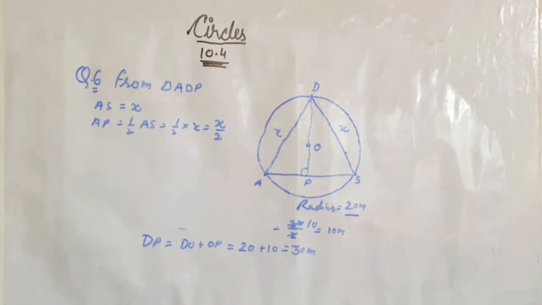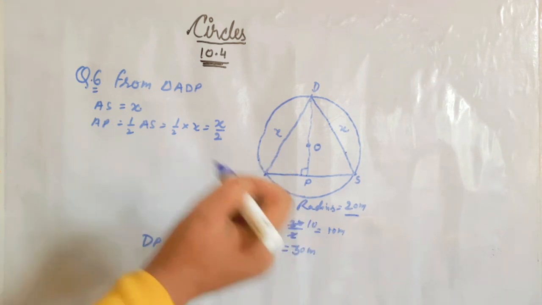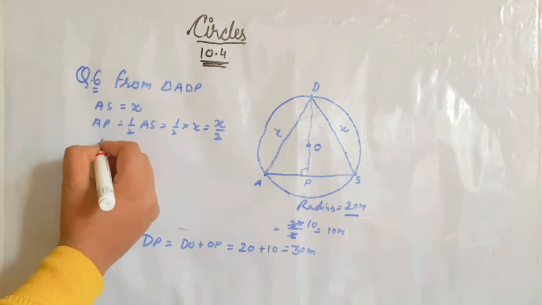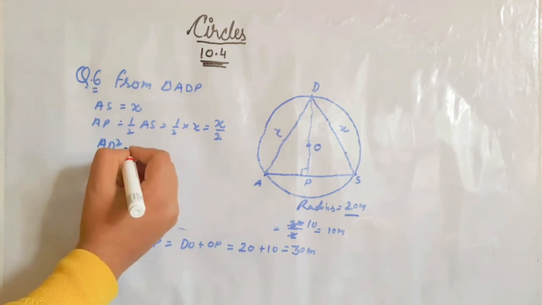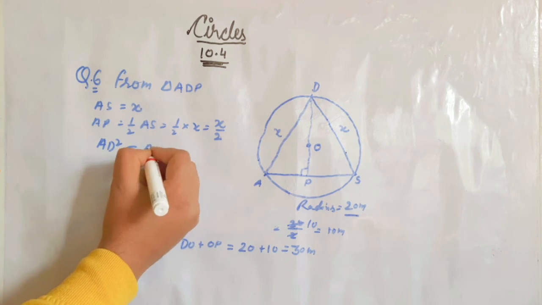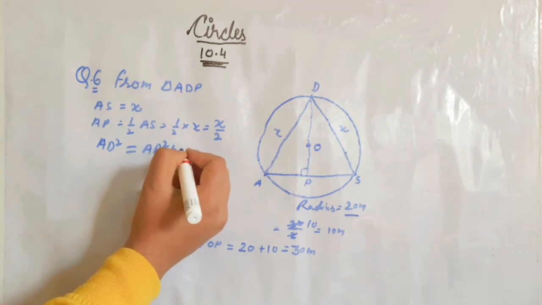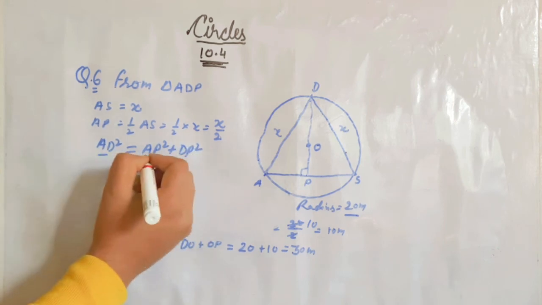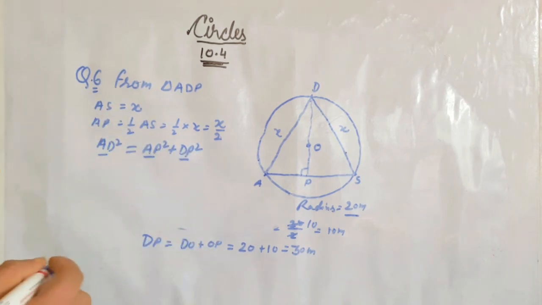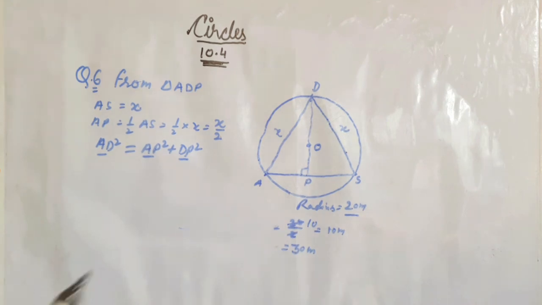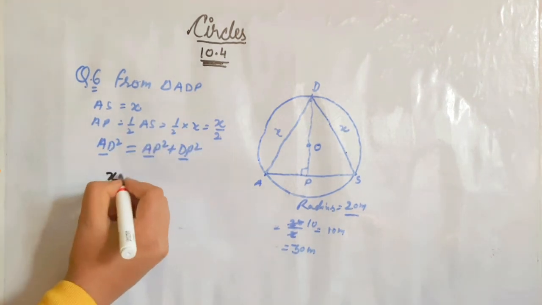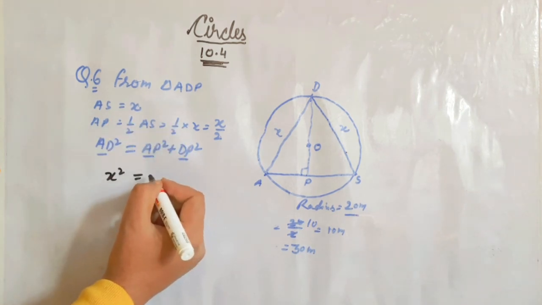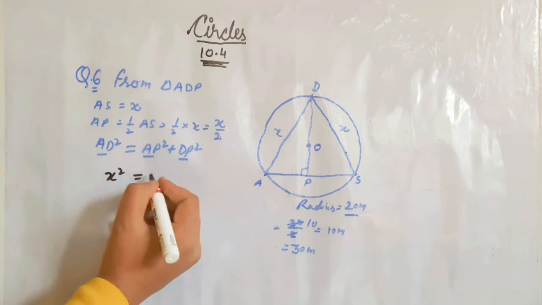Now, use the Pythagoras theorem to find this X. We know that AD square will be equal to AP square plus DP square. That is H square equals B square plus P square. We know AD is X, so X square, and AP we took equal to X upon 2.